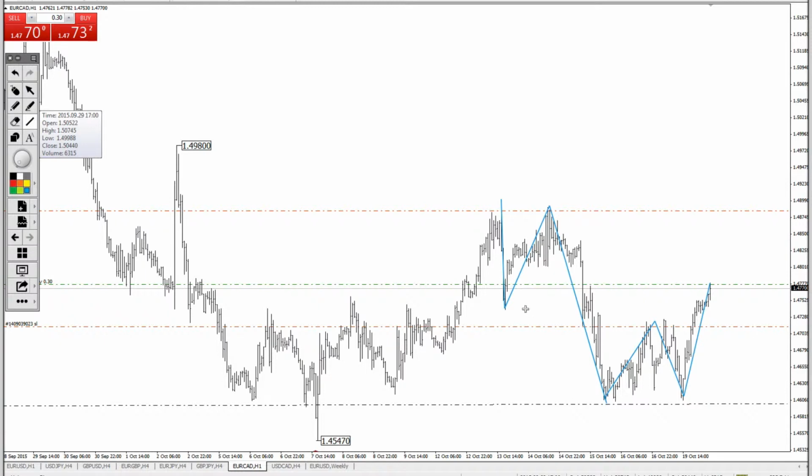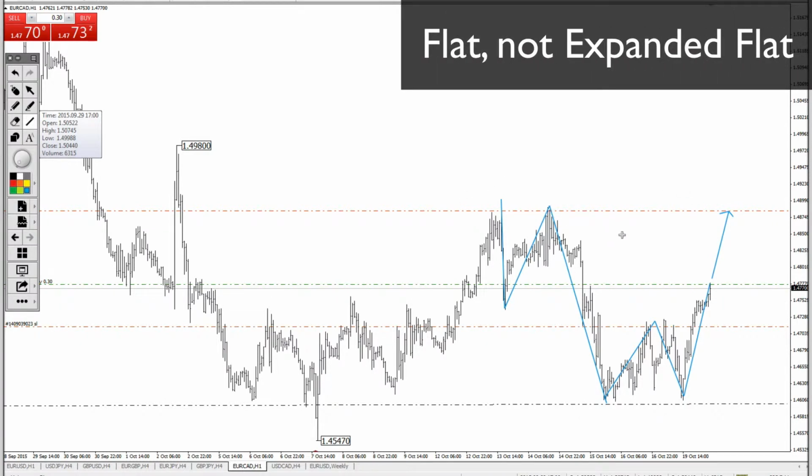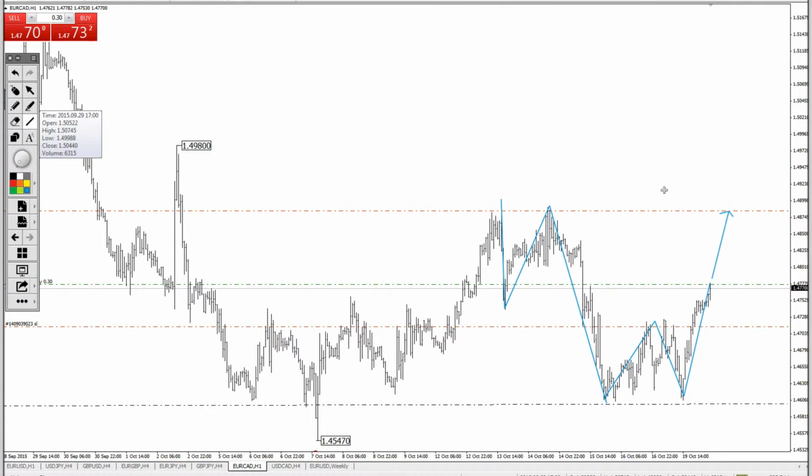This rules out that the recent decline is impulsive, and we can expect more upside around this level to form an expanded flat correction. And after that correction has concluded, we can then start to think about trading this to the downside.